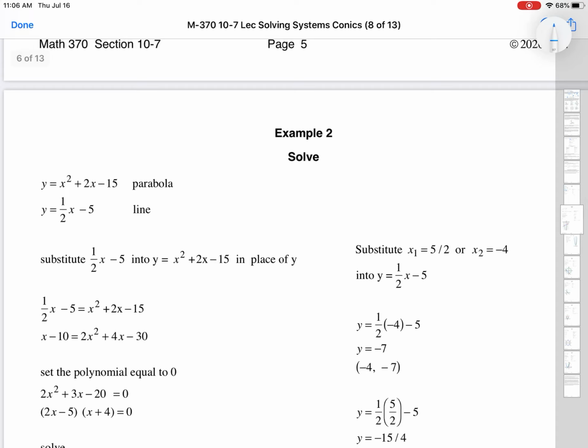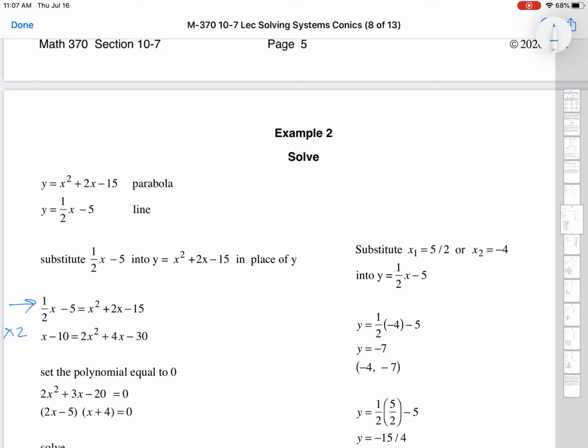Here we have a parabola with a line. And so again, we're going to set these y values equal. Substitution is a great way to go about this and used often. So we have a fraction, so he's going to double everything. He's setting the two equal to each other right here. Then he's going to multiply everything by 2 to get rid of the fraction. So we should see a doubling of everything, and it looks perfect. We are going to get everything to one side.